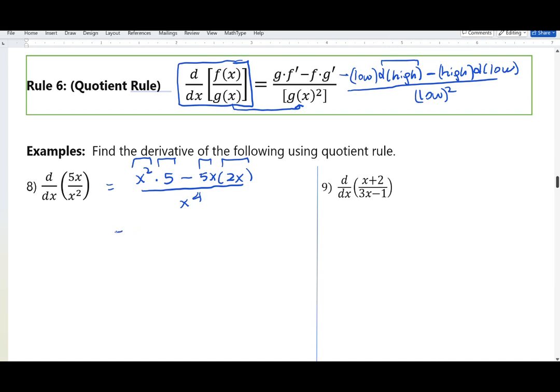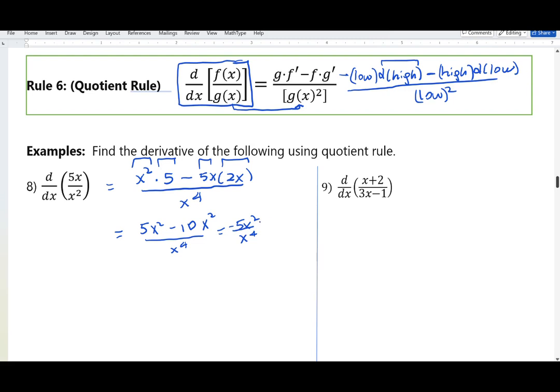If we simplify the top, what we have is 5x squared minus 10x squared, divided by x to the 4. And if you simplify it further, you get negative 5x squared over x to the 4.